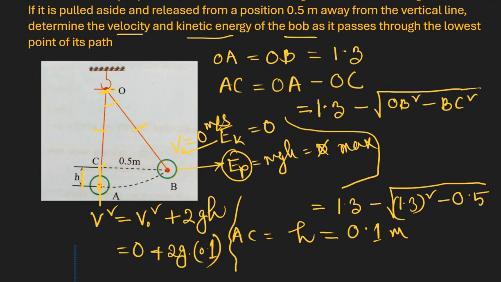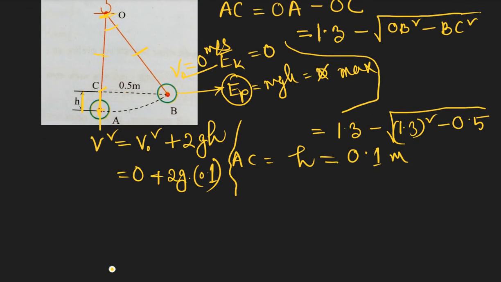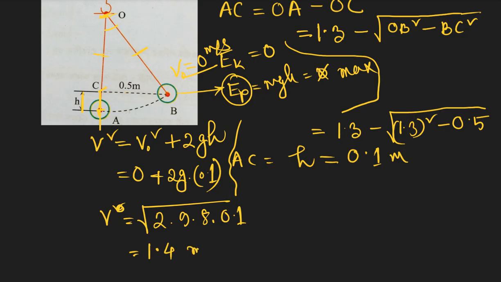So v square, pardon, let's write down v. So square root of 2 times 9.8 times 0.1. So we can write down the velocity is equal to 1.4 meter per second.